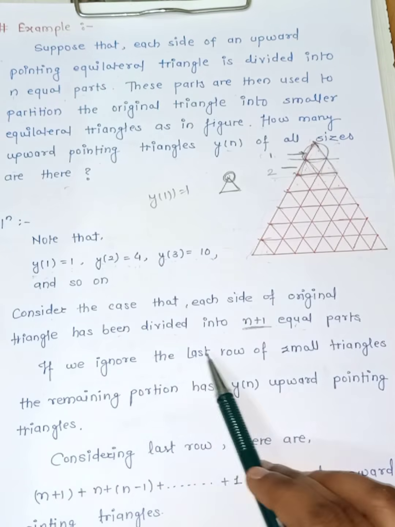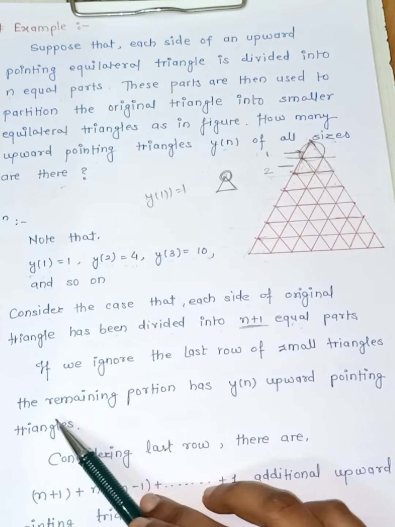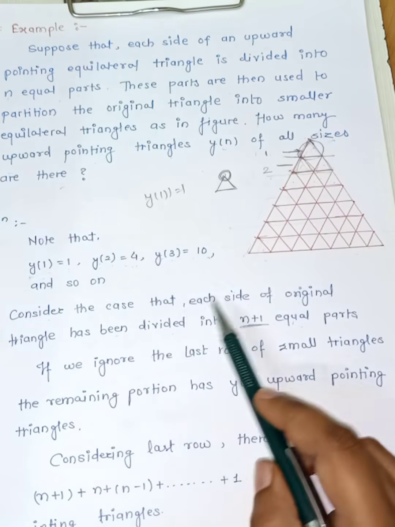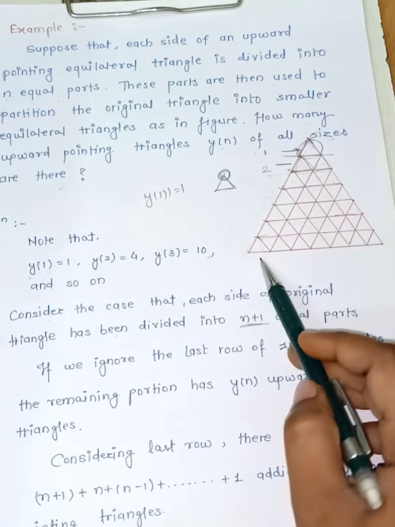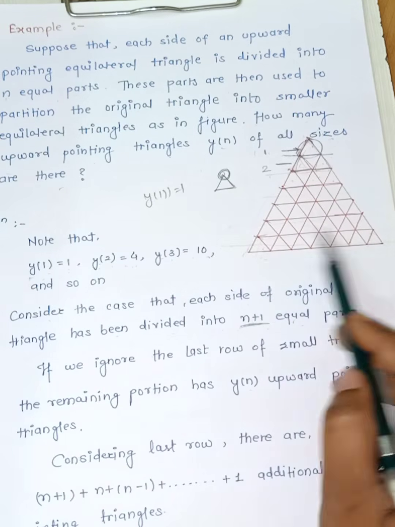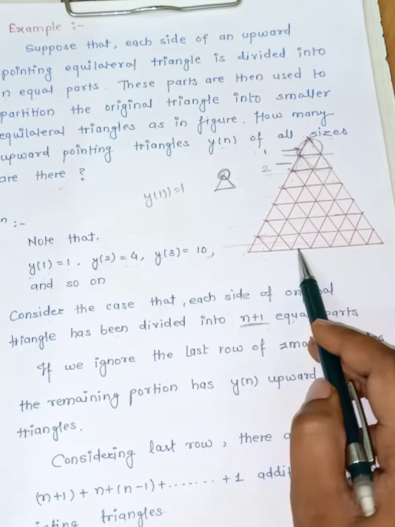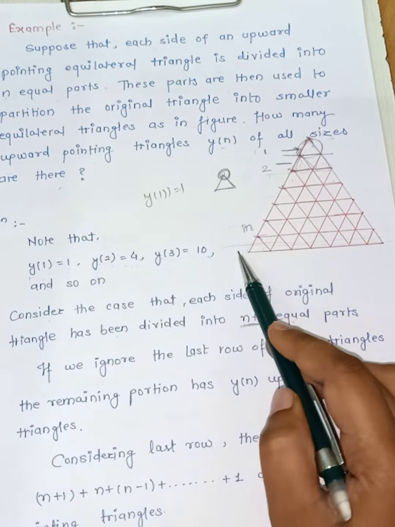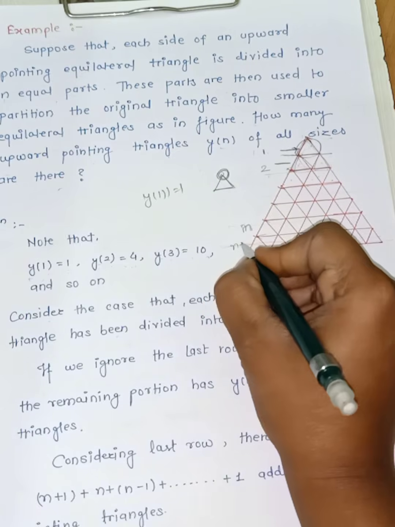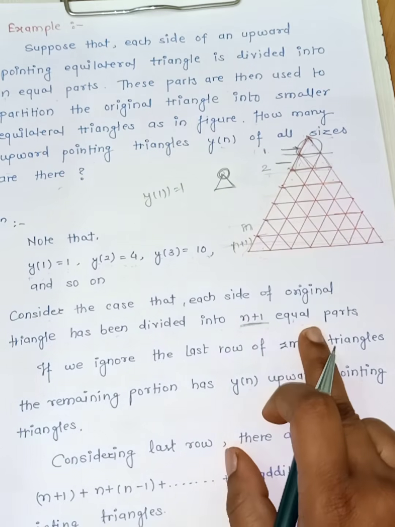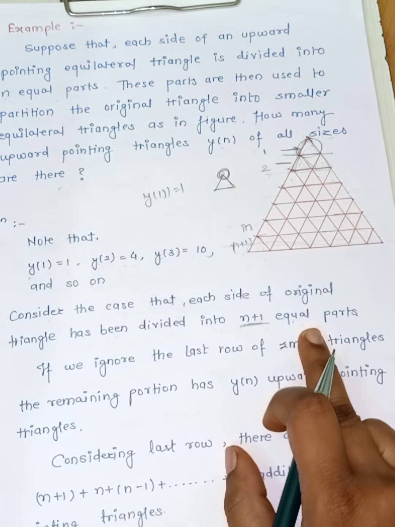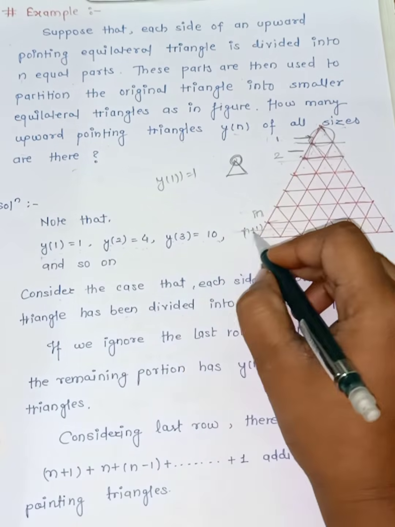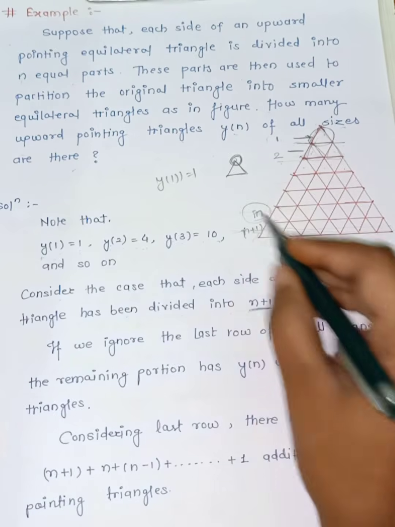If we ignore the last row of small triangles, the remaining portion has y of n upward pointing triangles. आता जर का n प्लस 1मध्ये आपण डिवाइड करतोय आणि लास्ट ही जी लाईन आहे ट्रायंगल्सची ही आपण इग्नोर केली तर उरेल काय, n उरेल, कारण आपण कन्सिडर केलं आहे की n प्लस 1 टाइम इक्वल पार्ट्समध्ये आपण डिवाइड केलं आहे, ओके. सो अगर n प्लस 1मध्ये डिवाइड केलेलं आहे आणि याला इग्नोर केलं तर उरेल काय, n उरेल.